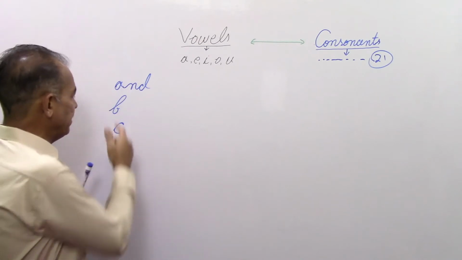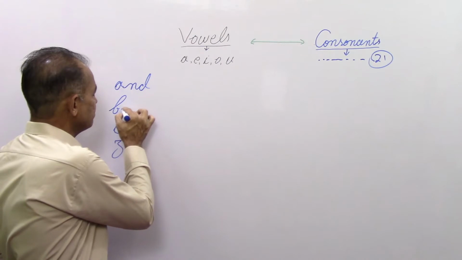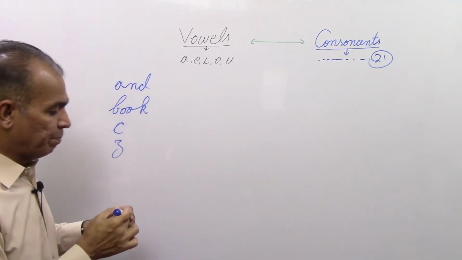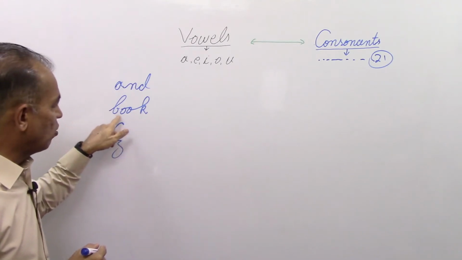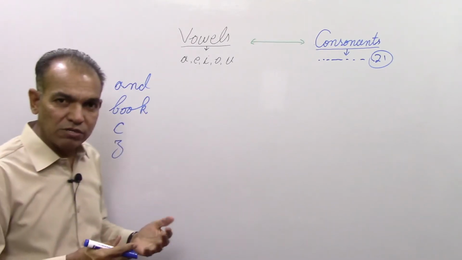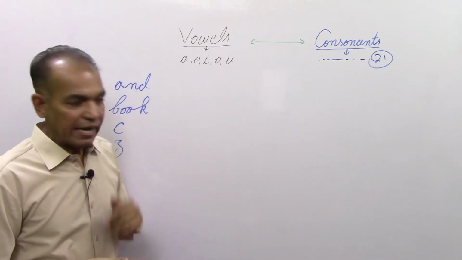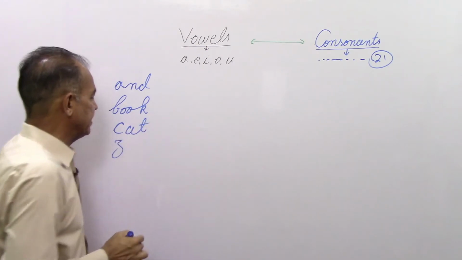In the same way, B has its own sound. But when we add some more letters, O, O, K, book. Now B has its own sound, O, O have their own sounds, and collectively the sound is book. In the same way, C, we add A and T, cat.